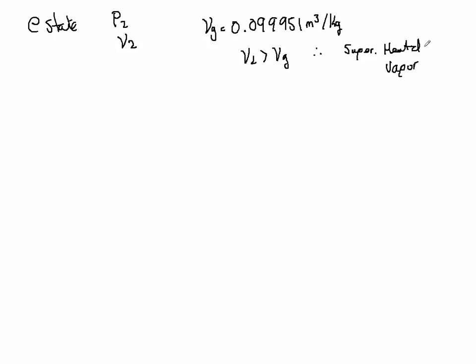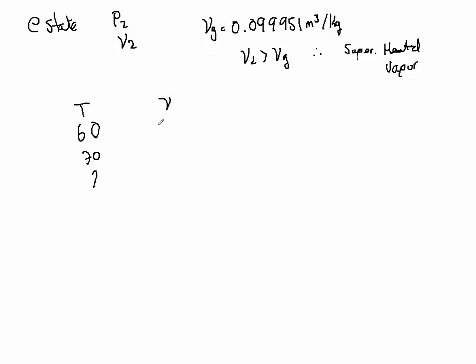At this moment, we're going to go to table A13. We're going to look for the pressure, which is 0.2 megapascals, and then we're going to look for the value of V in that table. And then to find the temperature, we have to interpolate between 60 and 70.